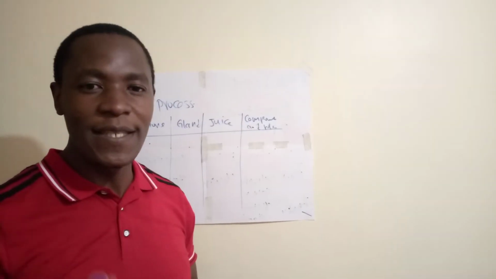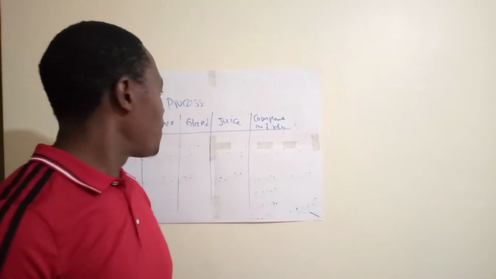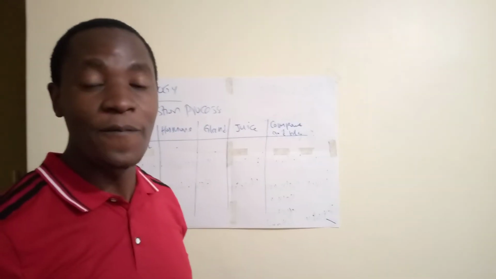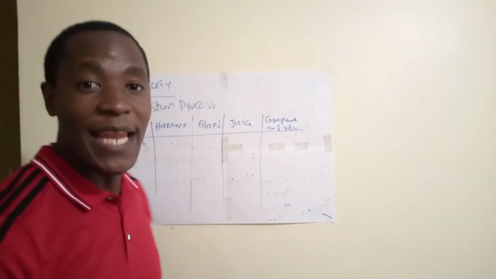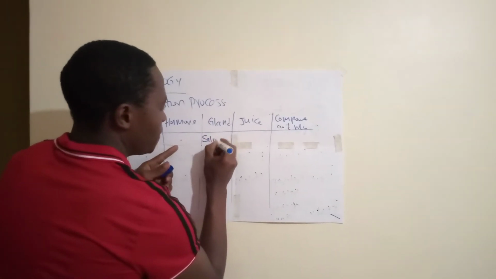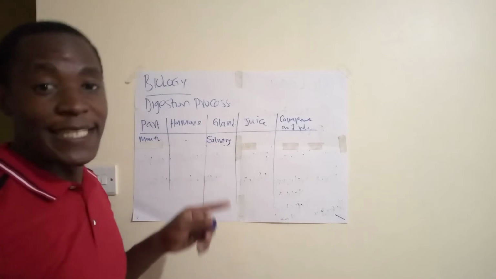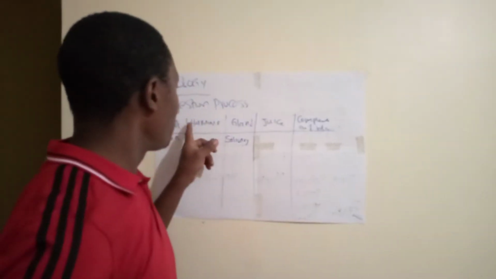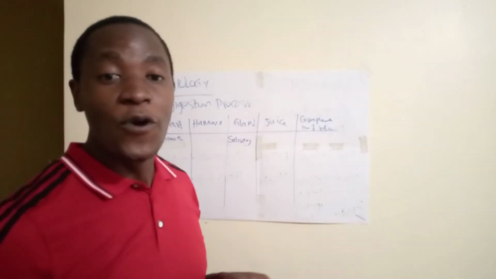How chemically? It is chemically broken down by the use of a certain juice, and this juice is secreted from a certain gland. Which gland is this? We call it the salivary gland. The salivary gland secretes a digestive juice called saliva.